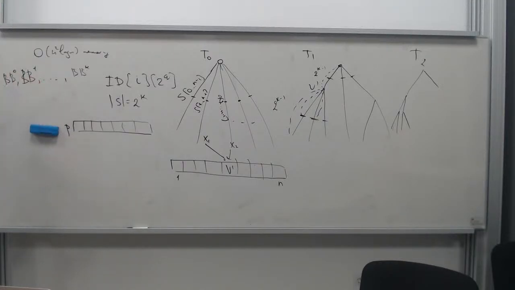If we store these BBs, we can do something on the string P. This approach is totally inefficient in terms of memory.